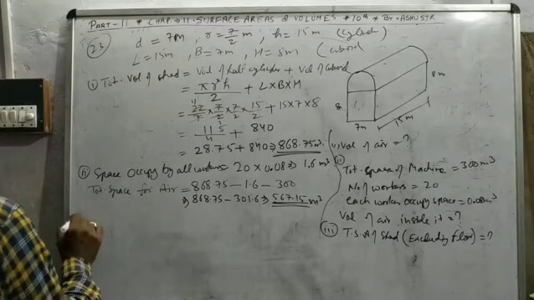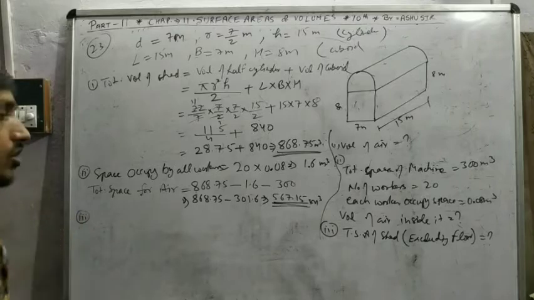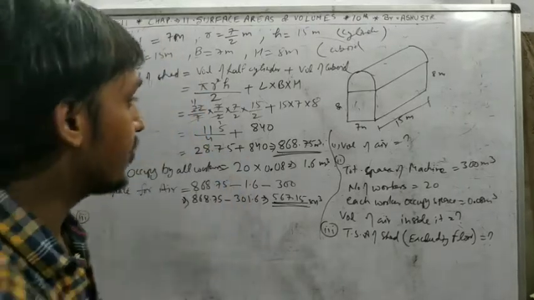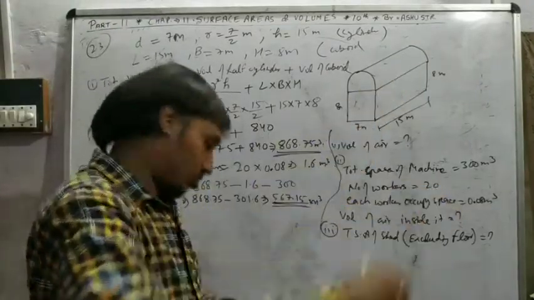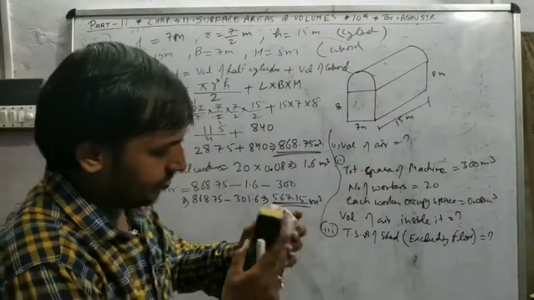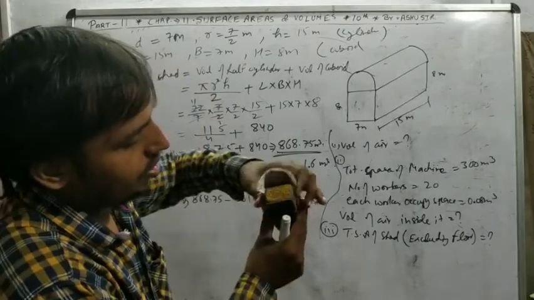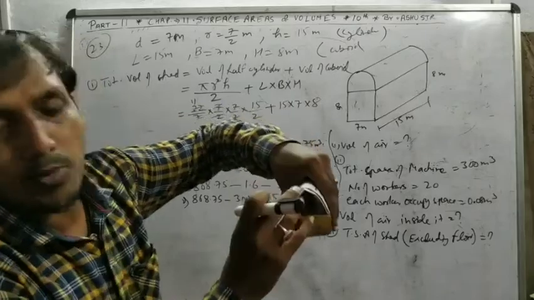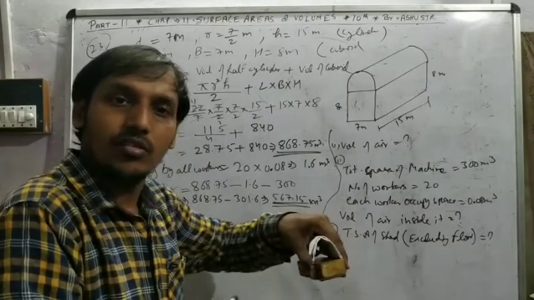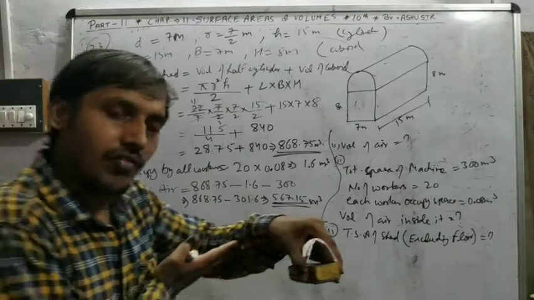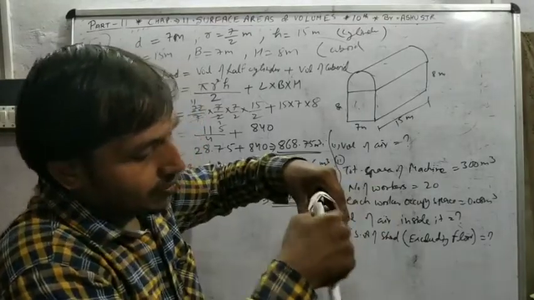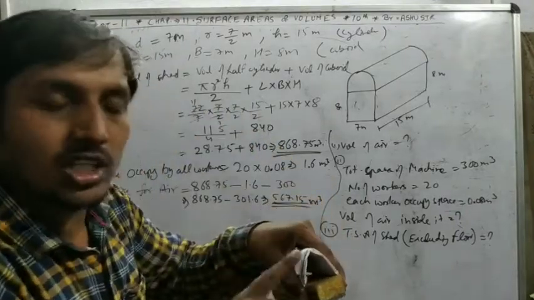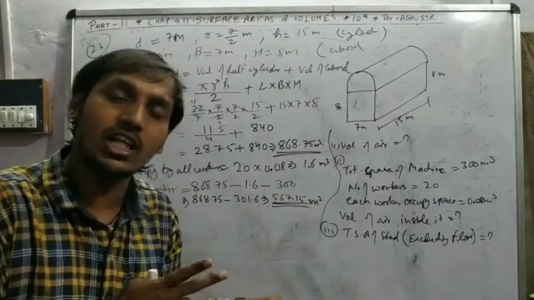Then third, total surface area of shed excluding floor, meaning we do not take any interest in the floor. The cylindrical portion is only half, so all its surfaces are half: CSA half, top circle half, back circle half. The cylinder's total surface area is directly half.